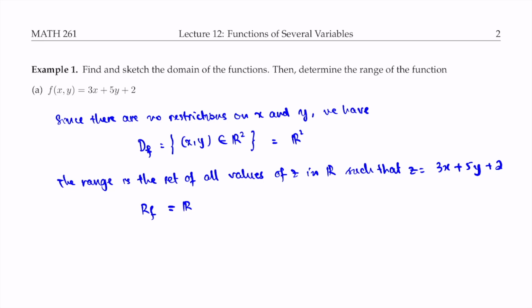Now we're going to move on to the function of the form g of x y equal to the square root of 9 minus x squared minus y squared. So again, as I mentioned earlier, all the rules in single variable calculus get applied to functions of two variables. In this case, you have a square root function, that is, the expression under the square root has to be greater than or equal to 0.